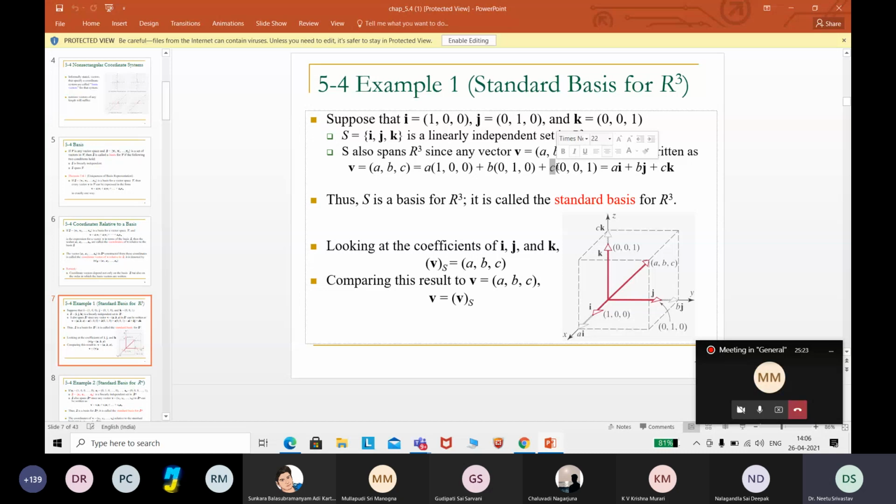When you multiply C1 with the first vector 1, 0, 0, you will get C1, 0, 0; then 0, C2, 0; then 0, 0, C3. When you add up all, you will get C1, C2, C3. When you equate it to ABC, you get C1 as A, C2 as B, C3 as C.